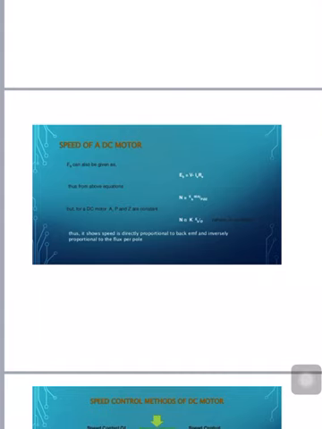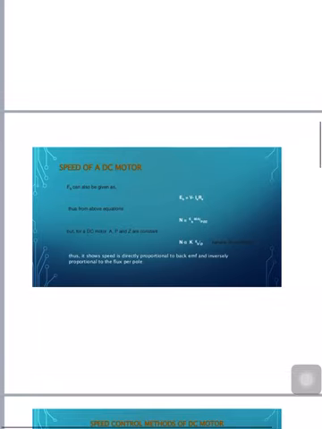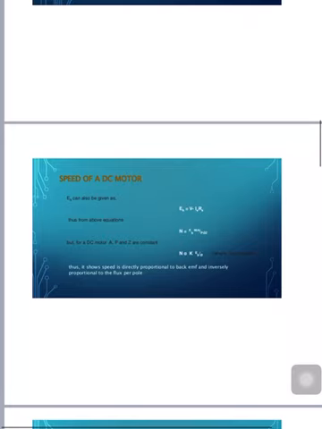From the above equation we can rewrite the expression for N as Eb times 60A by P phi Z. In this, A, P and Z are constant terms.